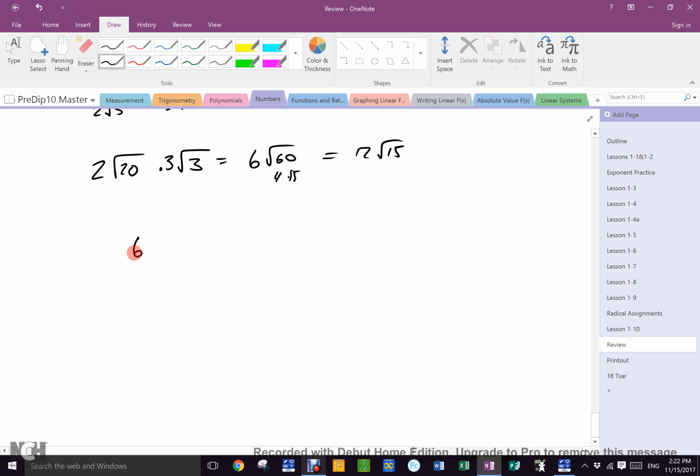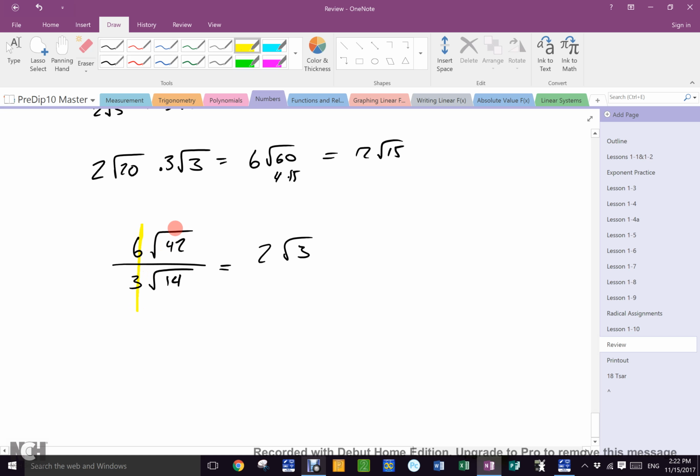Division. 6 root 42 over 3 root 14. Doable. 2 root 3. Why can you divide them?